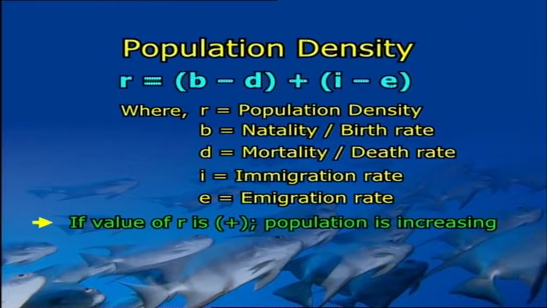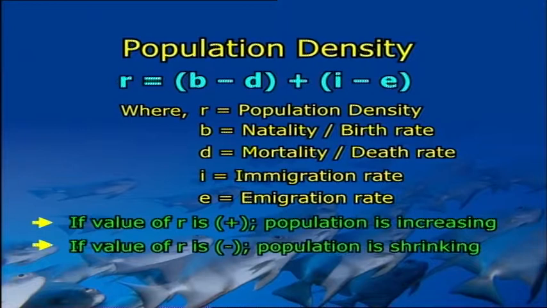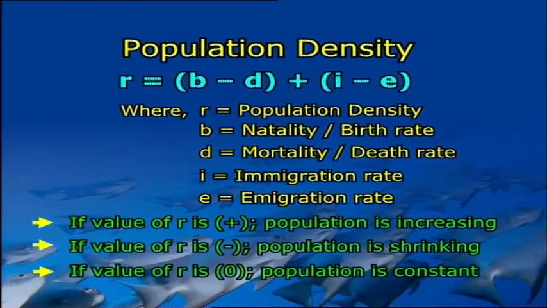If value of R is plus, that is population is increasing. If value of R is minus, that means population is shrinking. If value of R is 0, that means the population is constant.